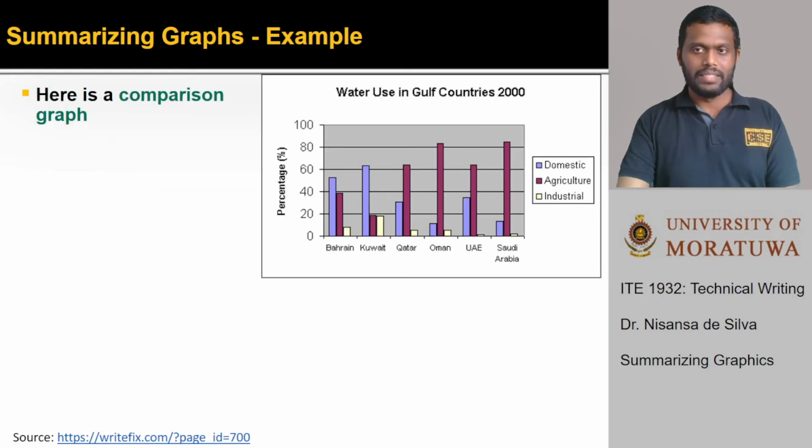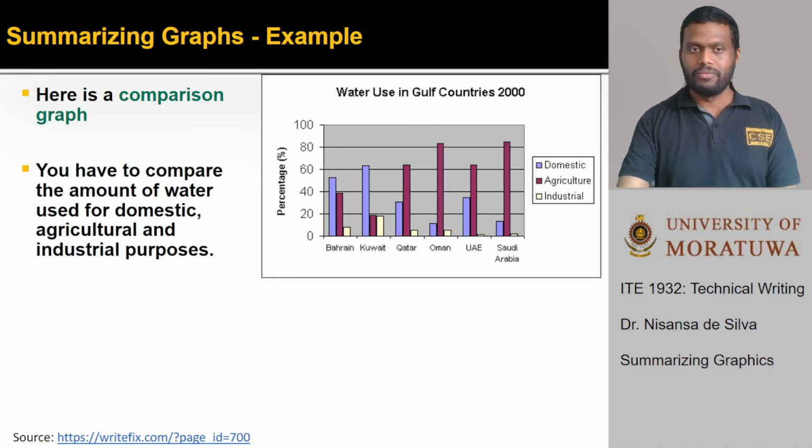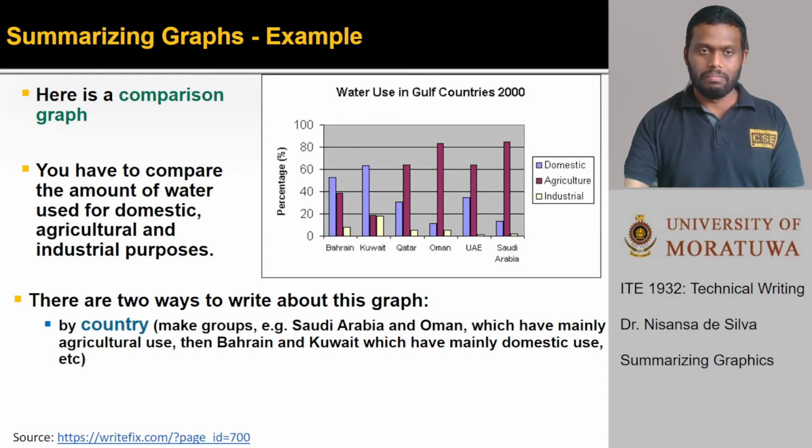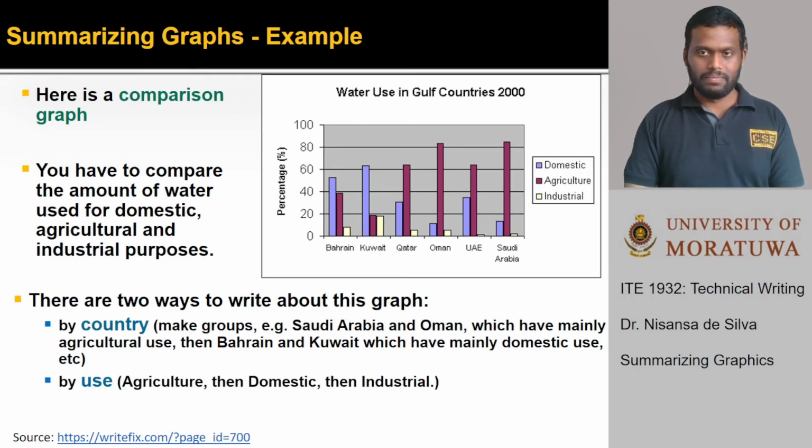Here is a comparison graph. You have to compare the amount of water used for domestic, agricultural, and industrial purposes in various countries. There are two ways to write about this graph. You can say by country or by use.